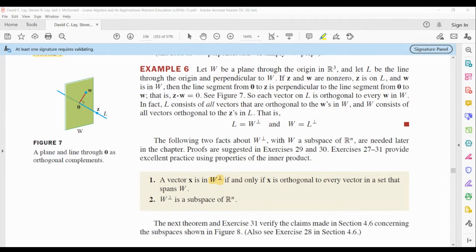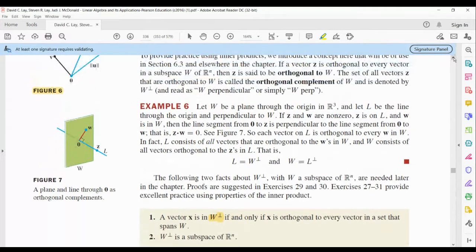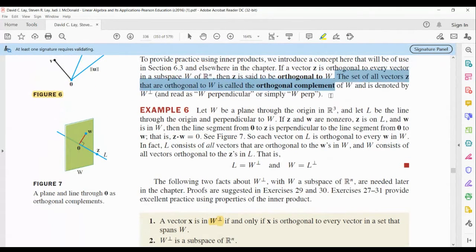W perp. And the definition here for W perp is the set of all vectors Z that are orthogonal to the subspace W, called the orthogonal complement of W. And that's called W perp.